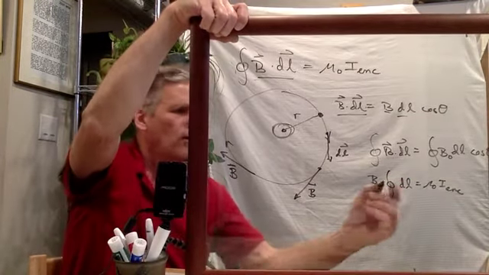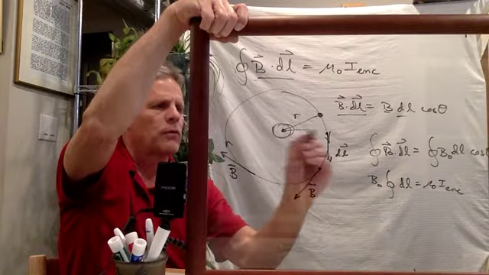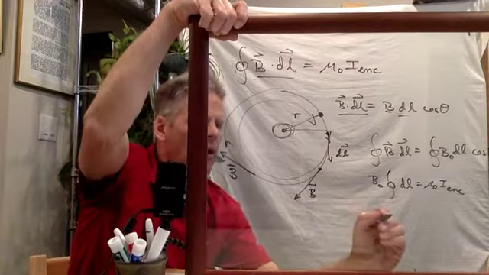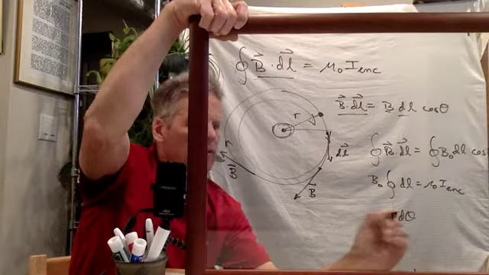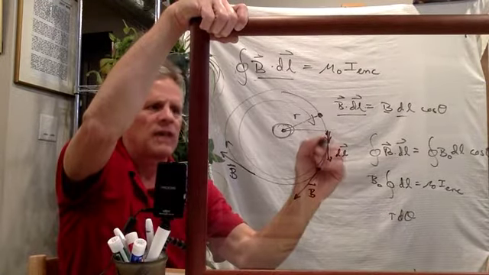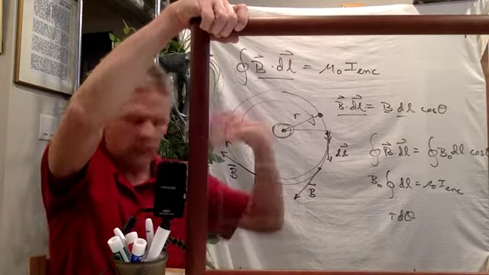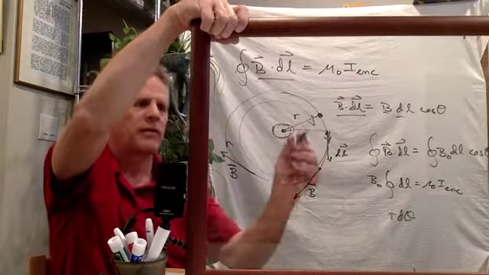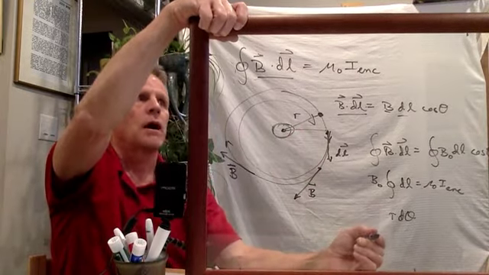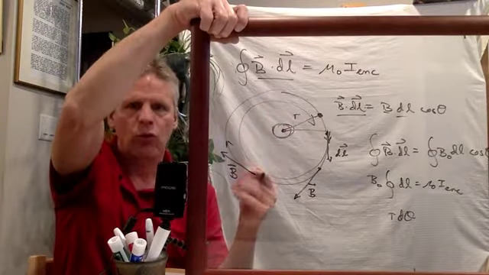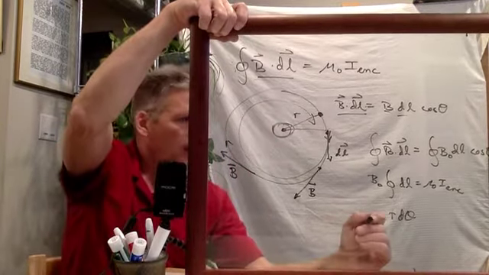All right, so what is this? Well, the line integral of dl here is just r d theta. You'll recall that from far earlier in the course, but basically this is just the distance element in polar coordinates or cylindrical coordinates, which are equivalent here.